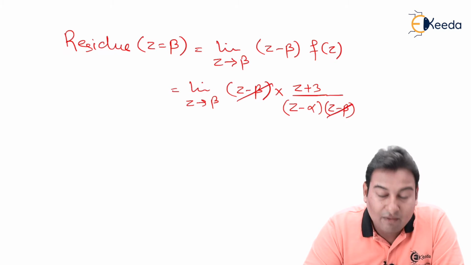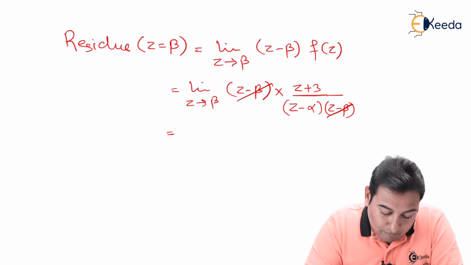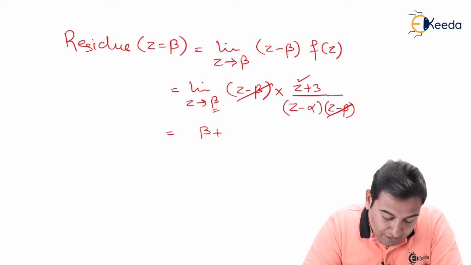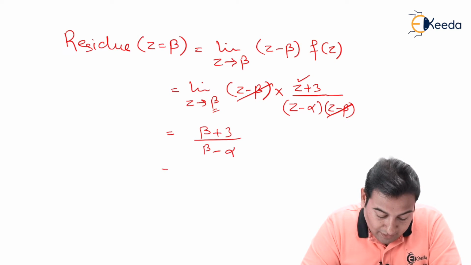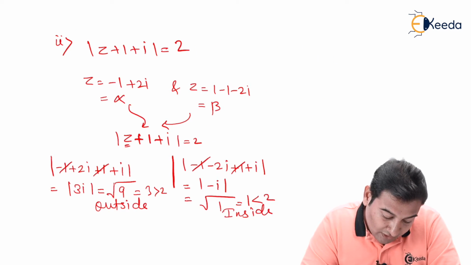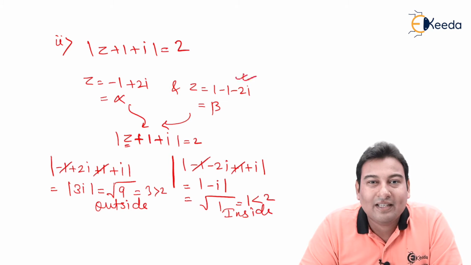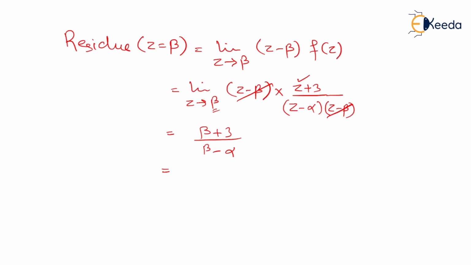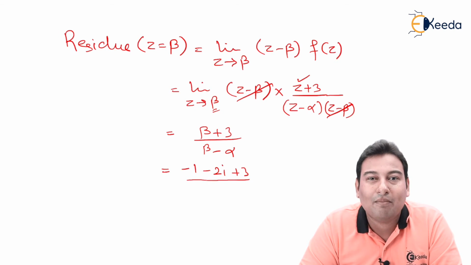So z minus beta will be cancelled from both sides. If you put beta in place of z, you will get beta plus 3 upon beta minus alpha. Here beta is minus 1 minus 2i, so we have minus 1 minus 2i plus 3 upon beta minus alpha.